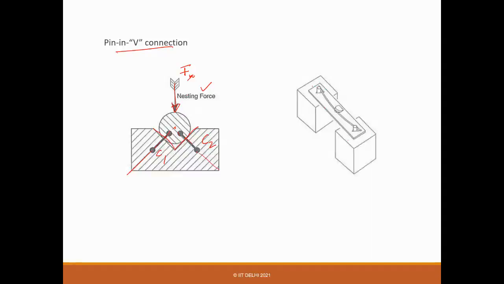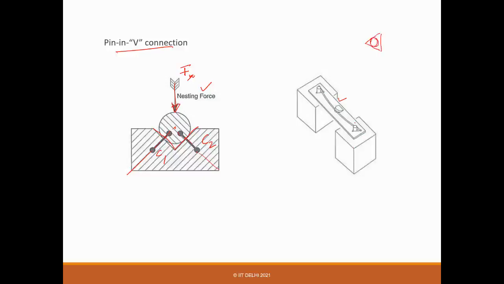So in design, if you have to do that, you can have a pin, and then you have this plate with this V connection. There is a V here, a bigger hole, and then you have a pin here.